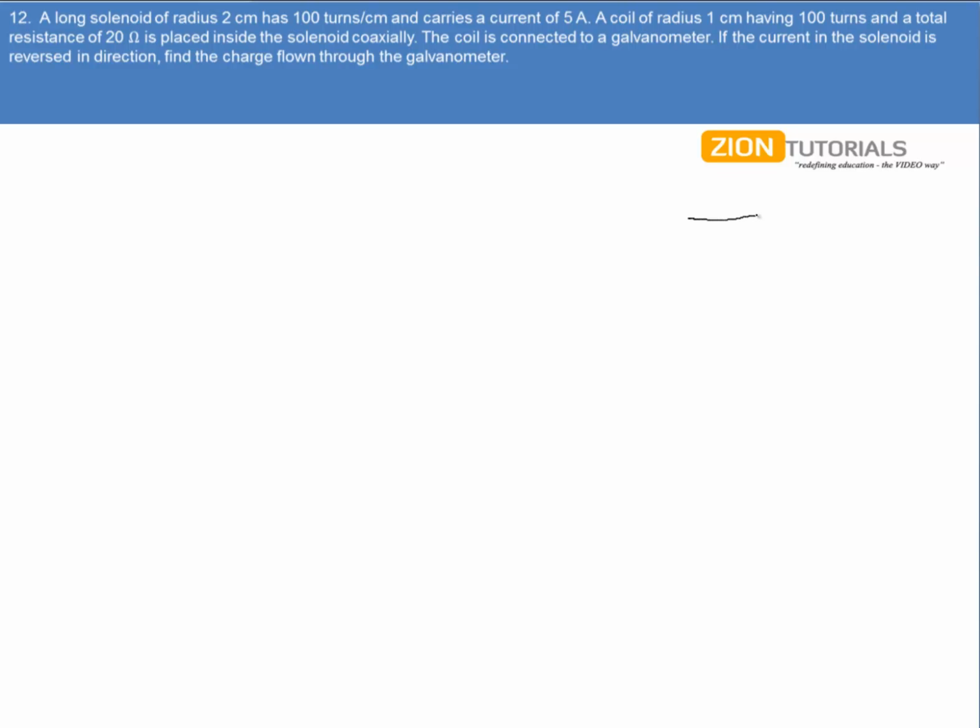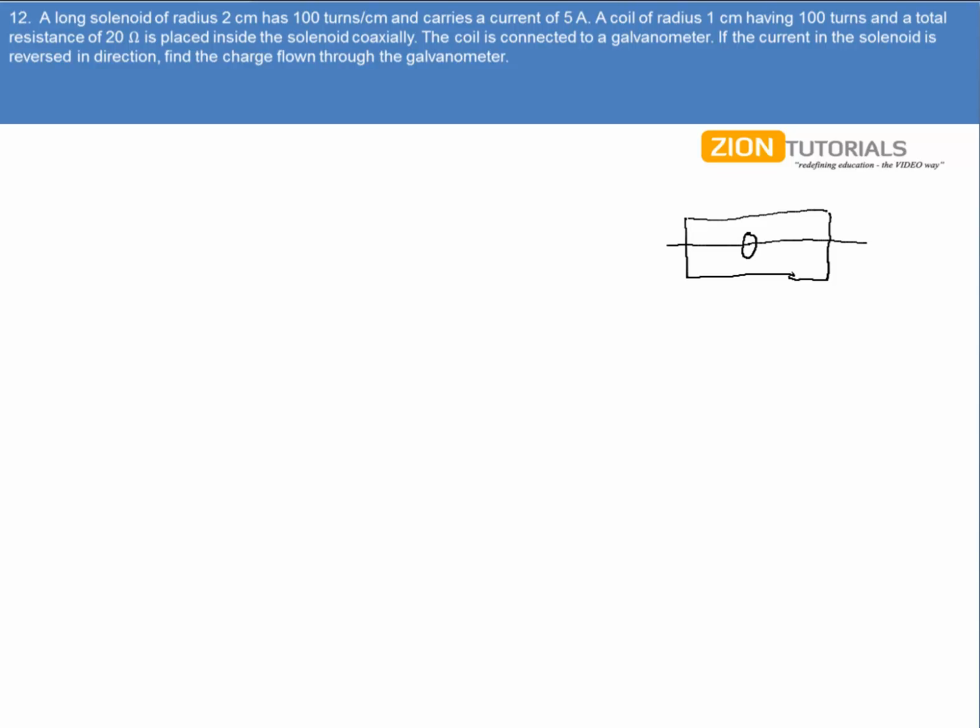Let us say this is my solenoid, wound around by the wire, and there is another coil whose axis is the same as that of the solenoid. Now the magnetic field inside the solenoid will completely pass through this coil.